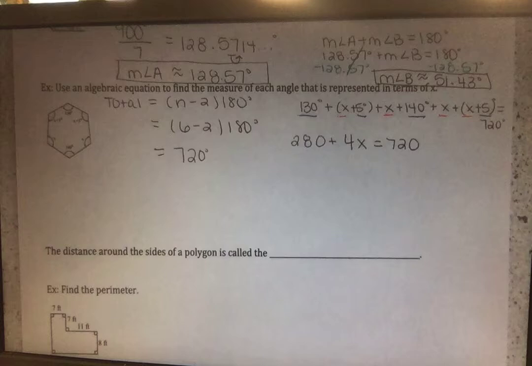So we know 44 feet over 1. I want the word feet to cancel, so feet's going to be on the bottom. We know 1 foot is 12 inches, so that way our feet cancel out. Multiplying straight across, 44 times 12 should give us 528 inches over 1 times 1, which is 1. So 528 inches is our perimeter.